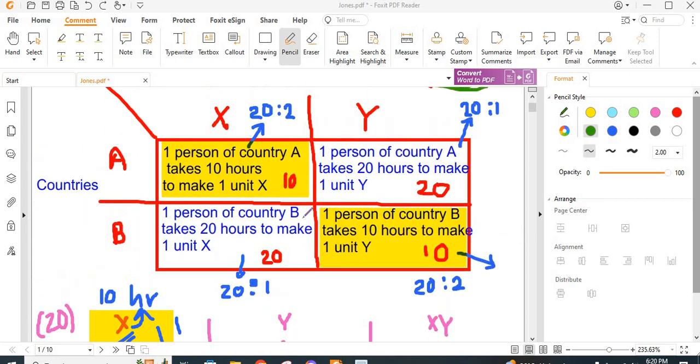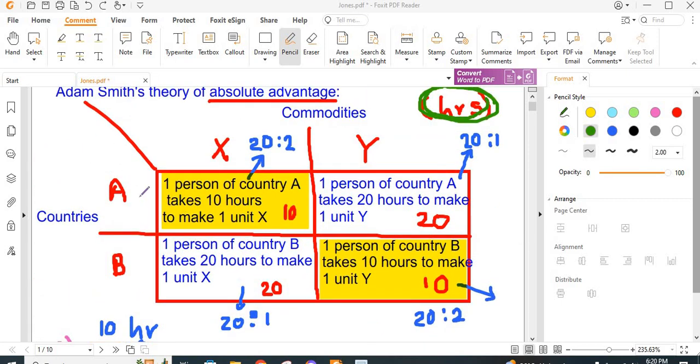Now what does it mean? Each person in country A can spend 10 hours making 1 unit of X, so in 20 hours they can make 2 units.